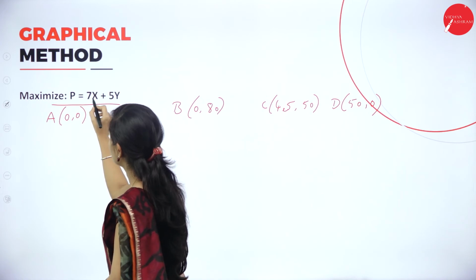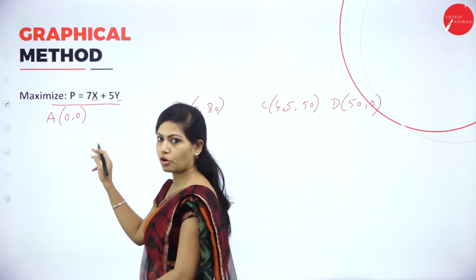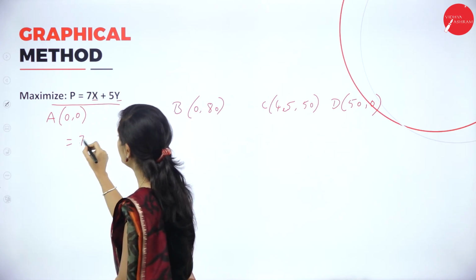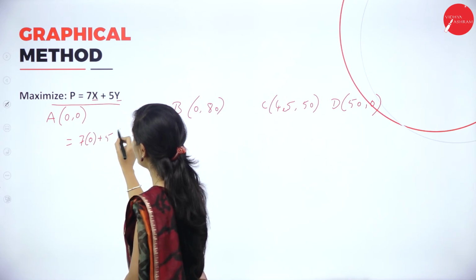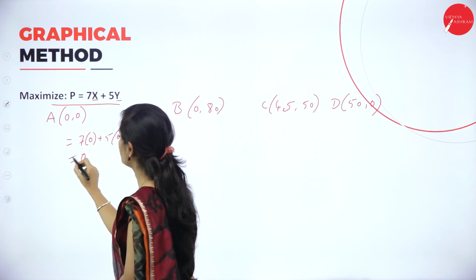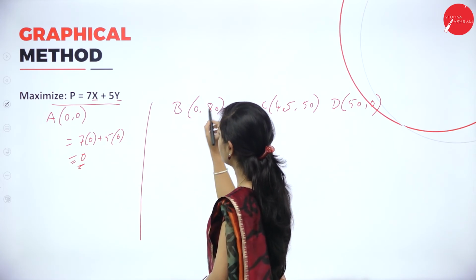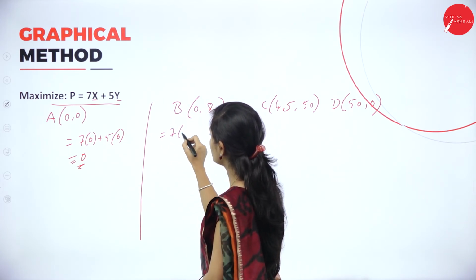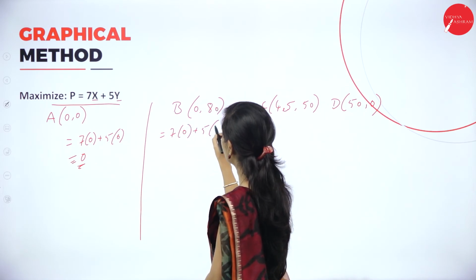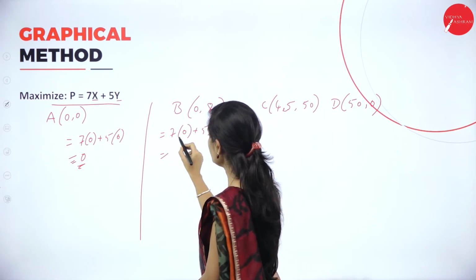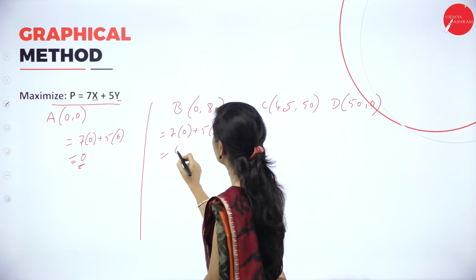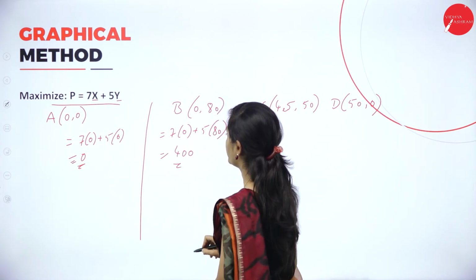So substitute the x value and y value into this objective function. 7 into 0 plus 5 into 0, so it is 0 only. Then x is equal to 0, y is equal to 80: 7 into 0 plus 5 into 80, so it is 400.